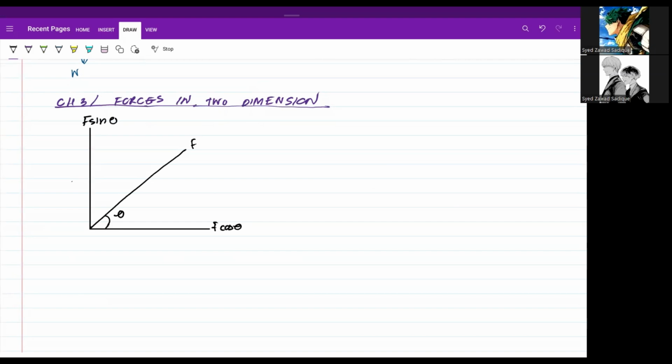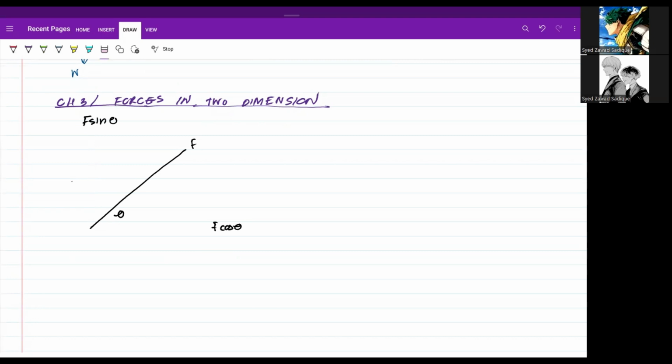A very common way to understand which one is cos and which is sine is to look at theta: whichever side theta is touching, that side becomes cos theta. And if this side is cos theta, the other side of course becomes sine theta. That's how my teachers taught me, and that's how I like to think of it as well.